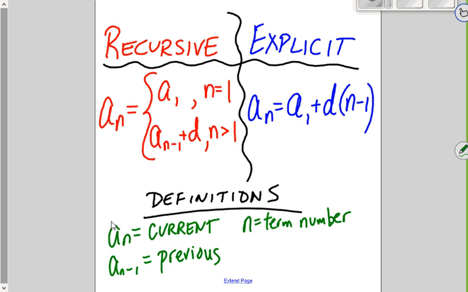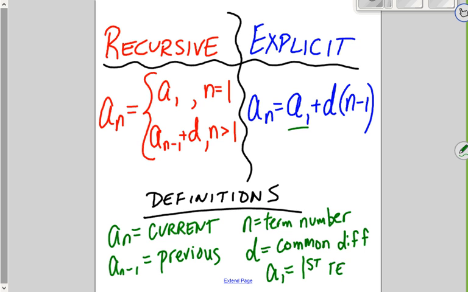And d is the common difference, what it's growing or shrinking by. There's one other symbol in there right here. a sub 1 is the first term. So those are formulas that you can write down in your notebook.